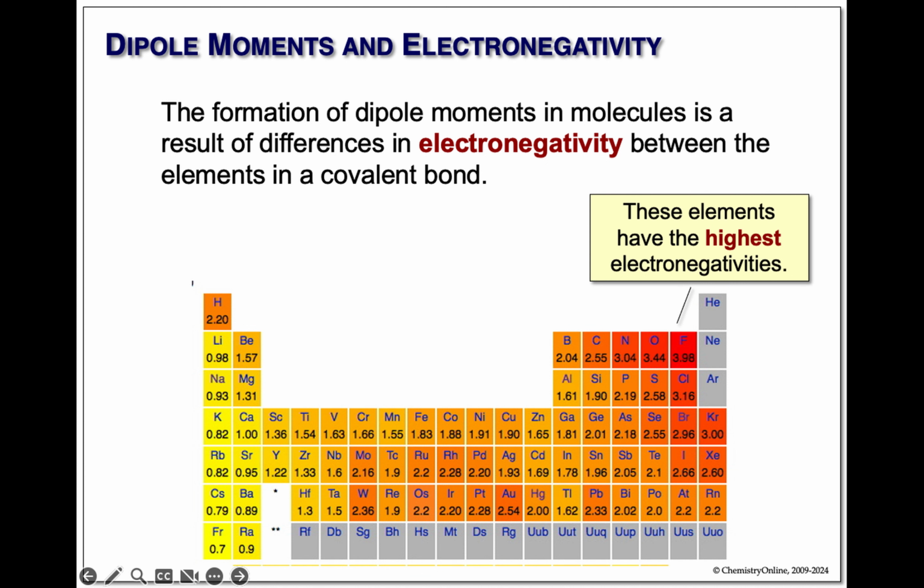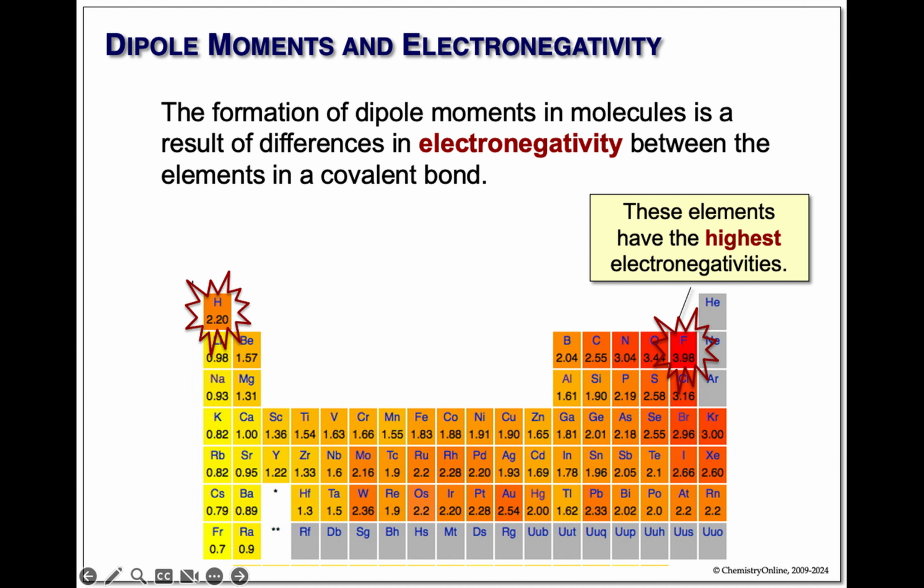This corner is the highest electronegativity. This corner is the lowest. Hydrogen is over here, has electronegativity of 2.2. Fluorine was here at about 4. That's why the bond is polarized. The electrons are attracted to the very electronegative fluorine.